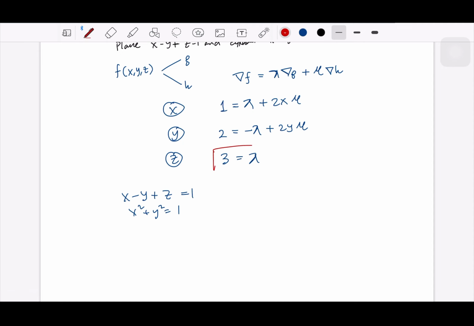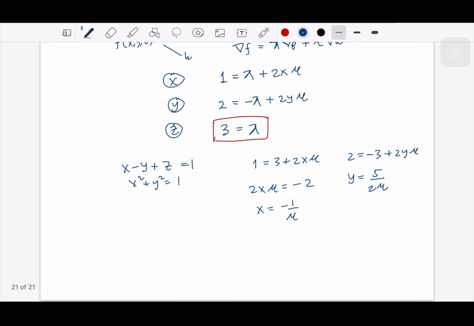So we have lambda is 3, and we are going to use this lambda inside this equation with mu. So we get 2x mu is minus 2, so x is minus 1 over mu. And similarly, we take the other part, 2 minus 3 plus 2y mu, so we will get y equal to 5 over 2 mu.